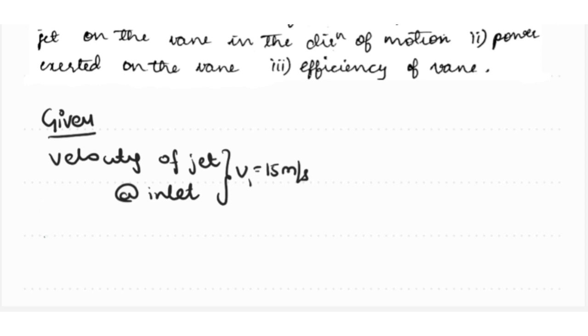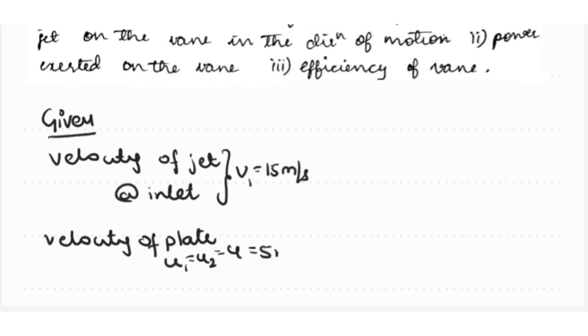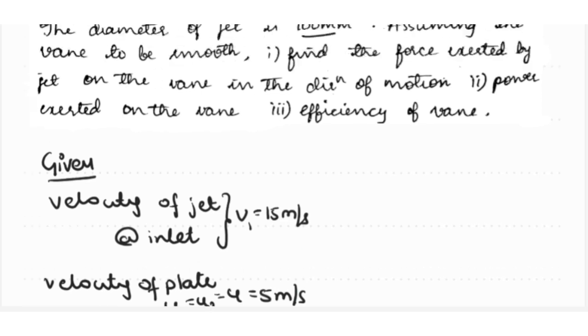So velocity of plate u1 is equal to u2 is equal to u is equal to 5 meter per second.